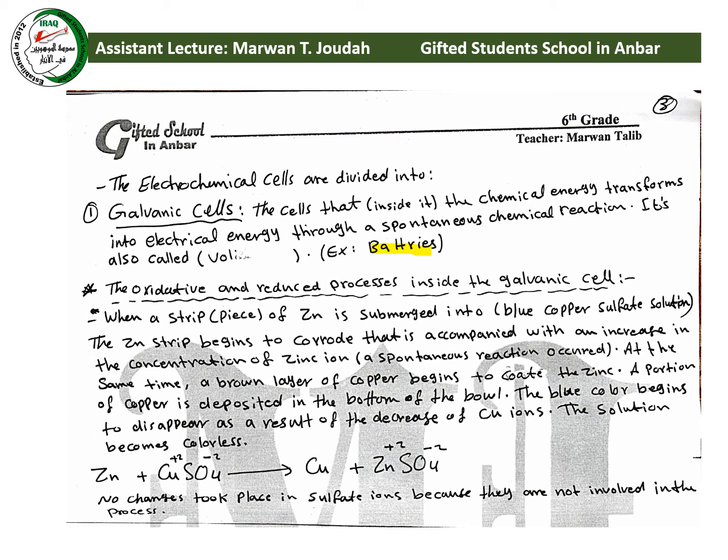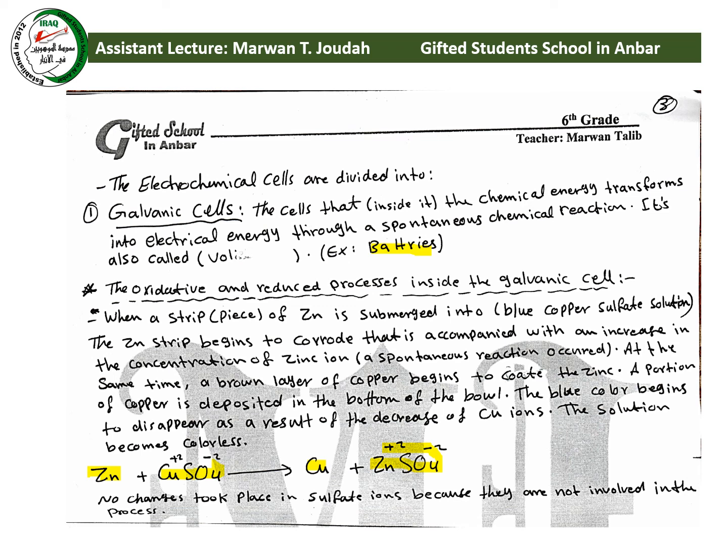So the equation of the galvanic cell is Zn, the zinc, with copper sulfate gives us copper and ZnSO4. I want you to write down the oxidizing and reducing agent and determine which one was oxidized and which one was reduced based on this equation. The sulfate ions have not changed through the process because they are not involved in it.